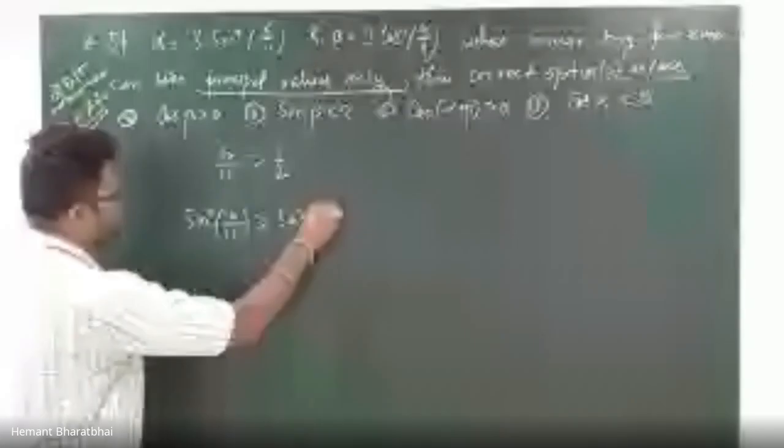Therefore, sine inverse of 6 by 11 is greater than sine inverse of 1 by 2. We are doing this because we know only the values for the standard angles. The standard values which we get for sine and cos are 0, 1 by 2, 1 by root 2, root 3 by 2, and 1. That's why I am comparing with the standard value. Clear, right?